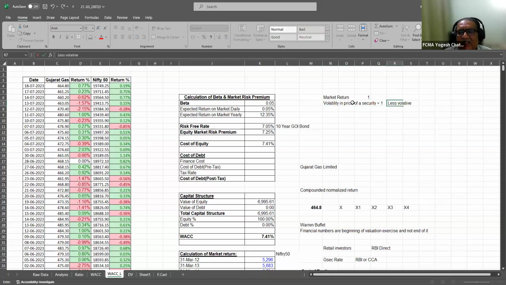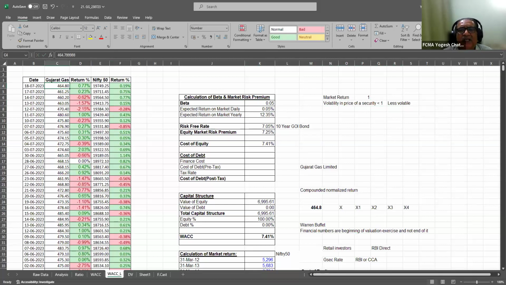So here we can see it is 0.05. So we can conclude that the equity of Gujarat Gas is less volatile.